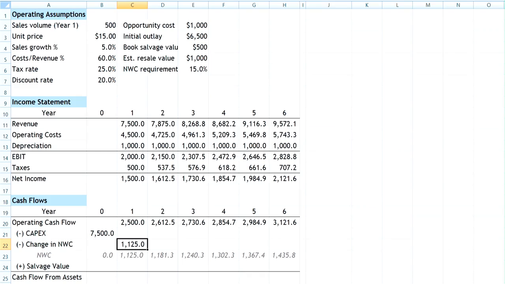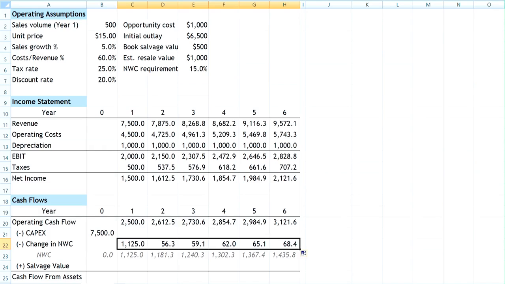In year 1, the change in net working capital is about 1,100. Is this good news in terms of cash flows? No. The huge increase in net working capital will negatively impact the cash flow in year 1. You can calculate the changes in other years by copying the formula.